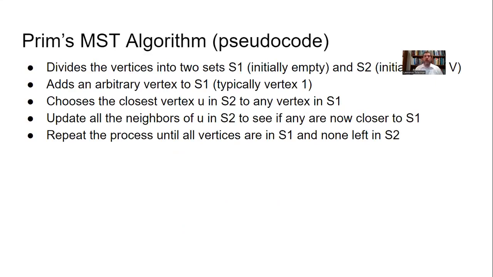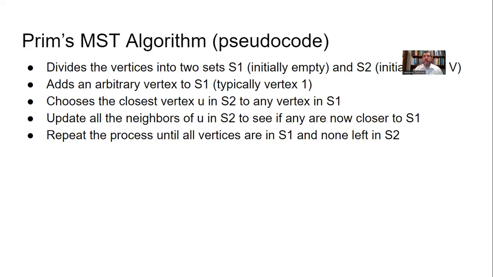Prim's algorithm starts with two sets of vertices. One set of vertices is empty. One set of vertices has all the vertices, and gradually we take one vertex and move it from the set on the right, let's say, that had all the vertices to begin with, and move it to the left. Now, how do we choose which vertex to take from that set?